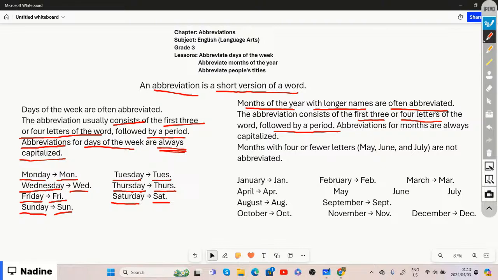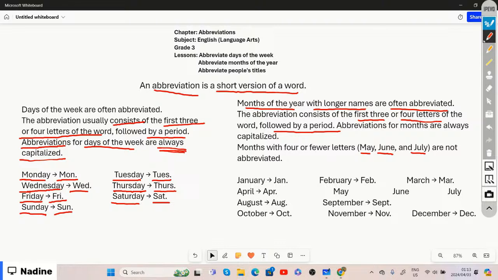It needs to stay the same way, right? Like, for example, May, June, and July. It's either four letters or three letters. So we're not going to abbreviate that because it's already short, right? So May, June, and July stay the same.